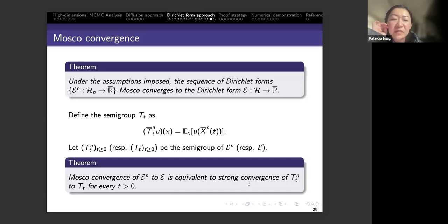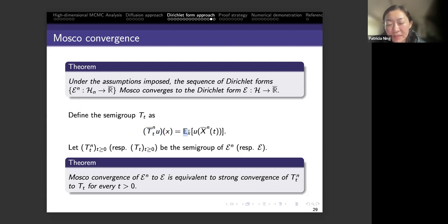So there are two theorems under the assumptions imposed. The sequence of Dirichlet forms E_n Mosco converges to the Dirichlet form E. These assumptions are what we illustrated earlier. And next, we define the semigroup T_n as here, that's the standard setup for the semigroup in the stochastic process setting.